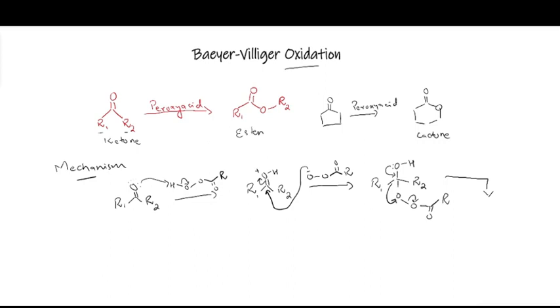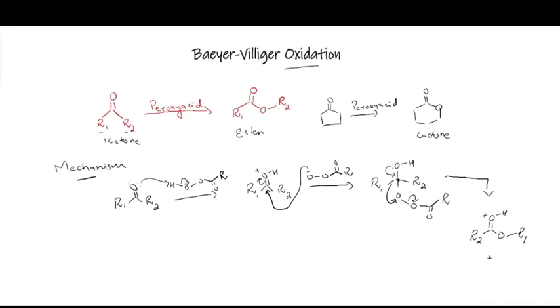So what we have now in the system is R2, that is directly attached to the newly formed carbonyl carbon, which still has this hydrogen attached to it, and this carbonyl carbon that is formed here has oxygen attached to it, and this oxygen now has R1 attached to it like this.